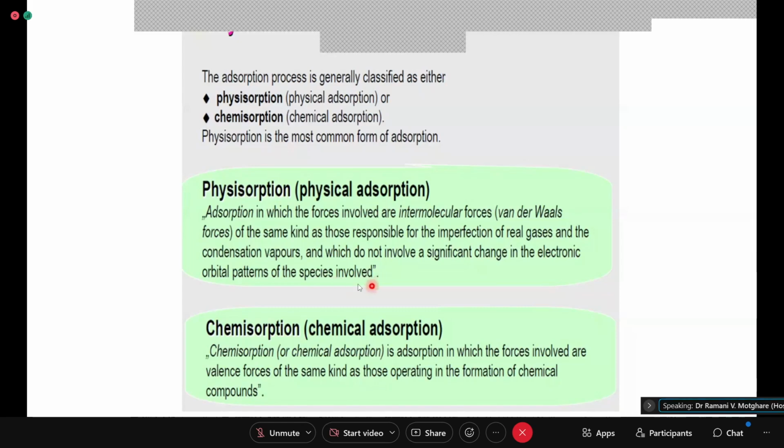Whereas chemisorption is adsorption in which the forces involved are valence forces of the same kind as those operating in the formation of chemical compounds.